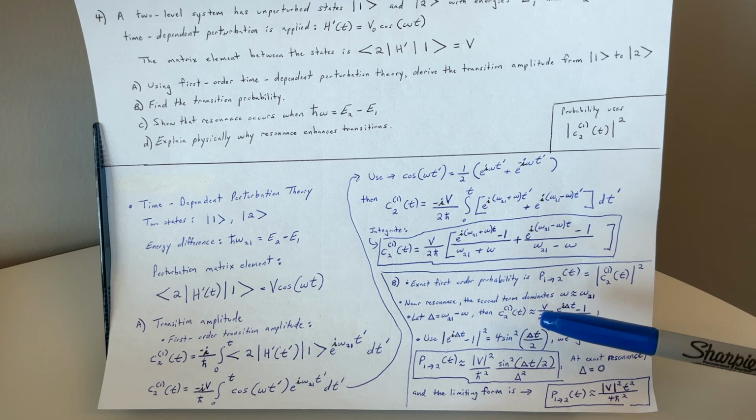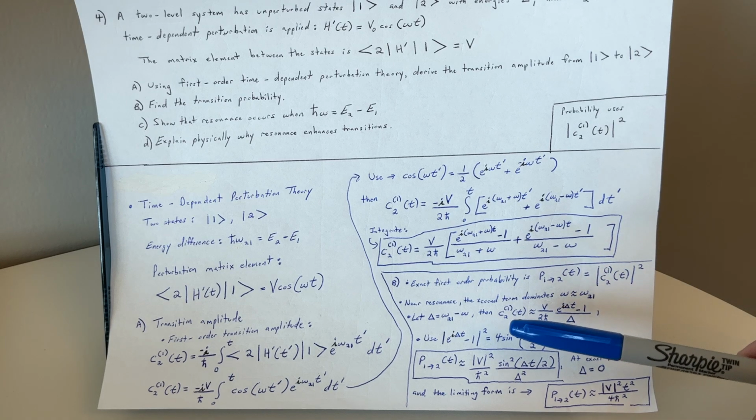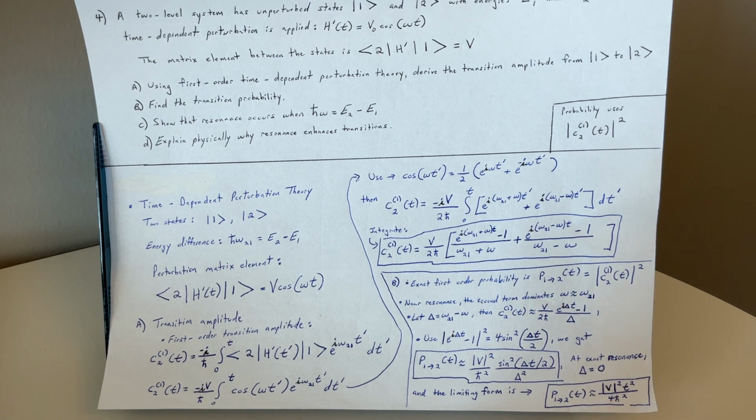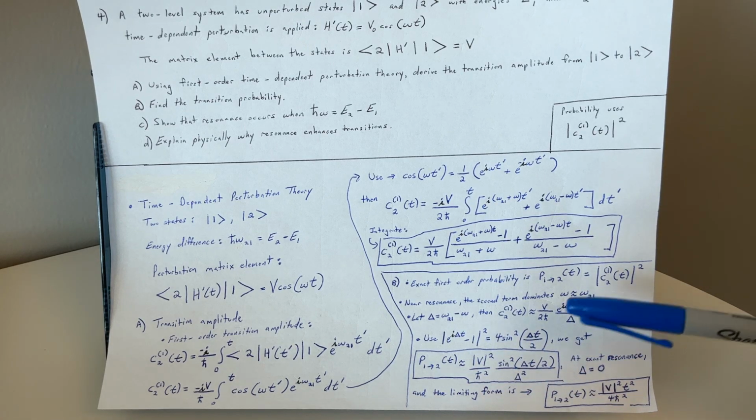We're trying to get this C sub 2 superscript 1 of t. That's approximately V over 2 h bar times e to the i delta t minus 1 over delta. So we're going to take the modulus of that term here.